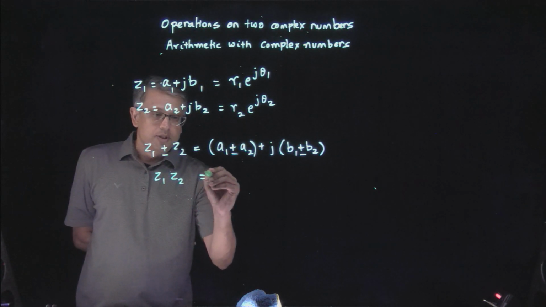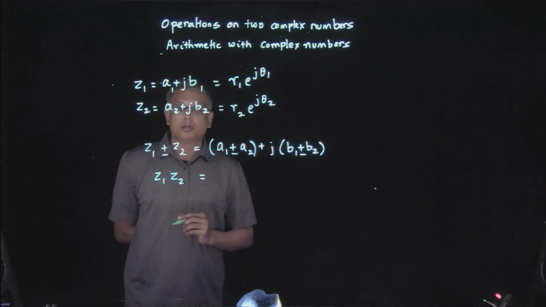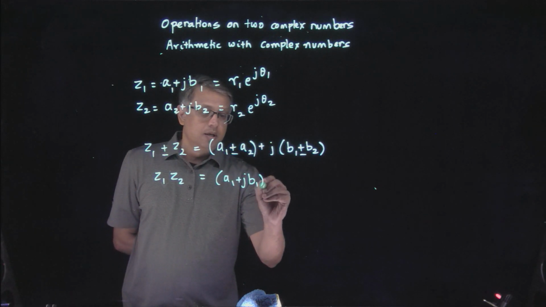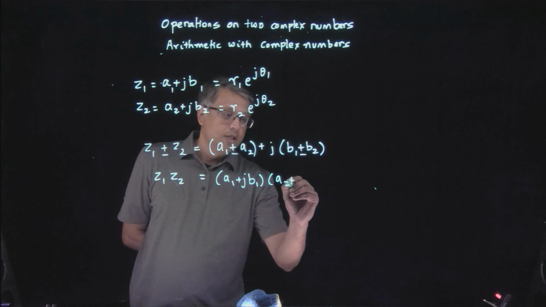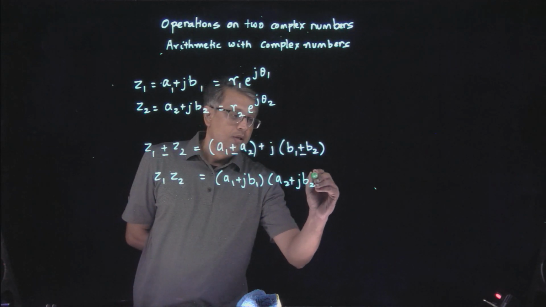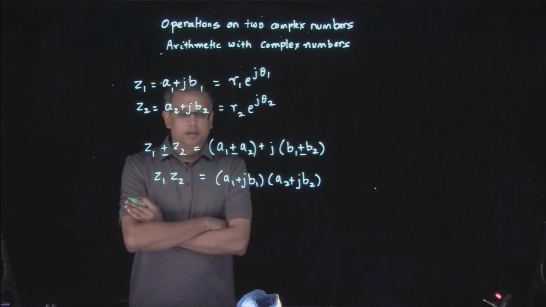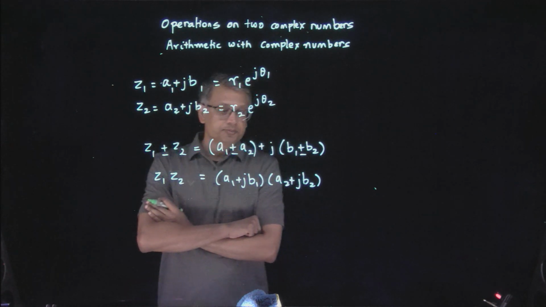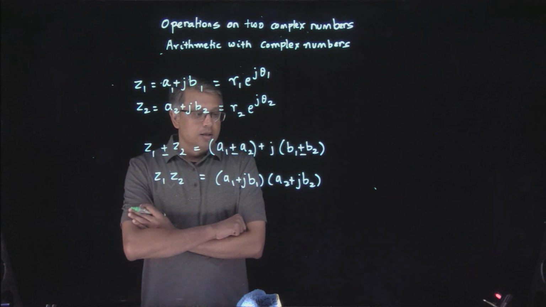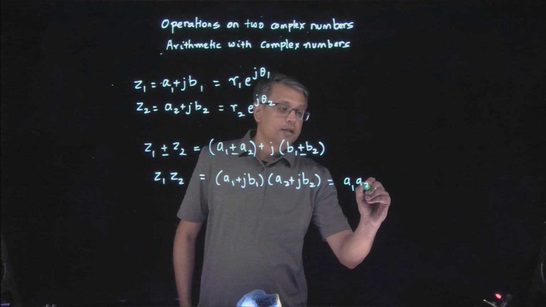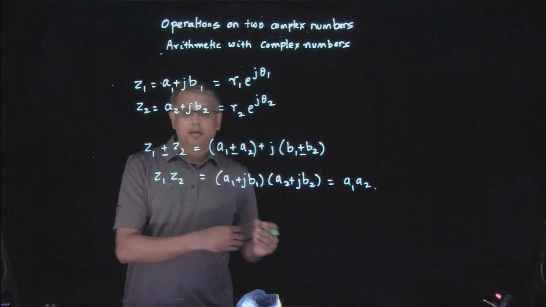Multiplying two complex numbers, how do you multiply z1 and z2 together? Well, we can use the Cartesian form and simply multiply these two complex numbers. And then you can collect the real parts together and the imaginary parts together.